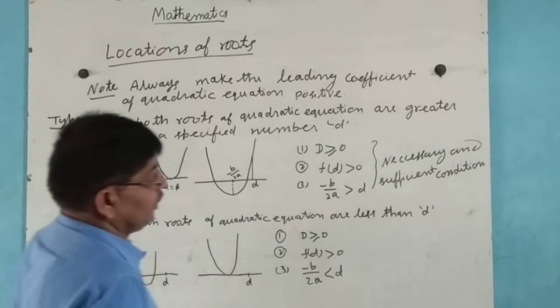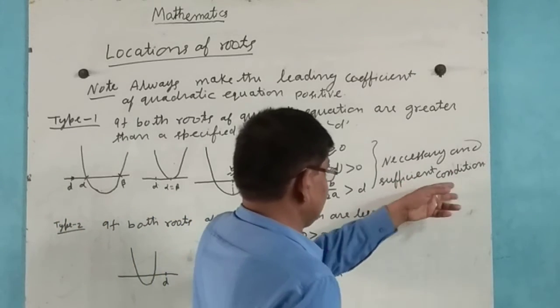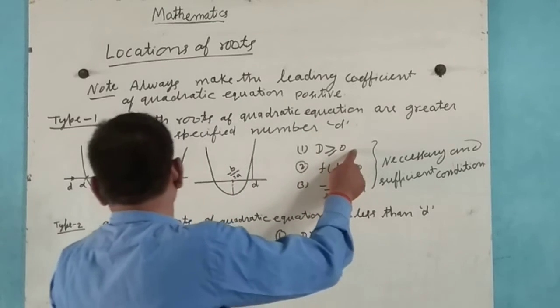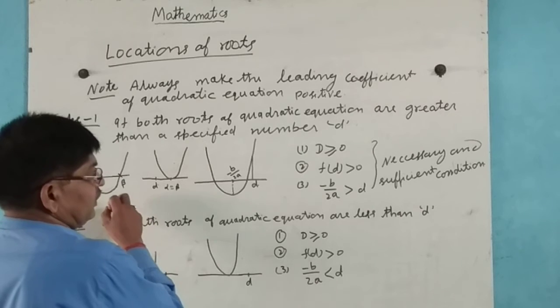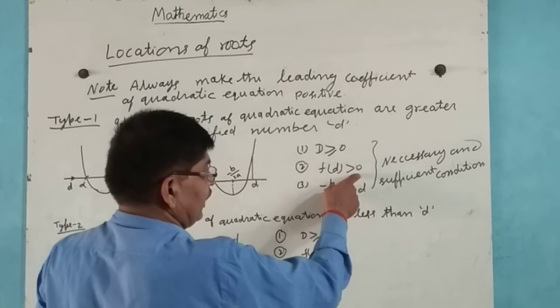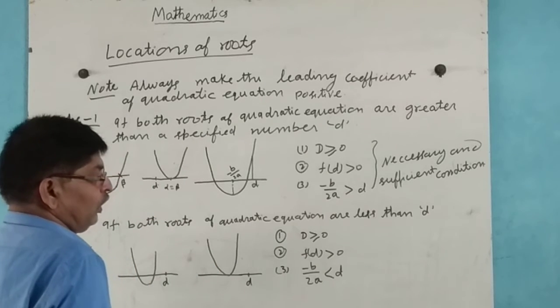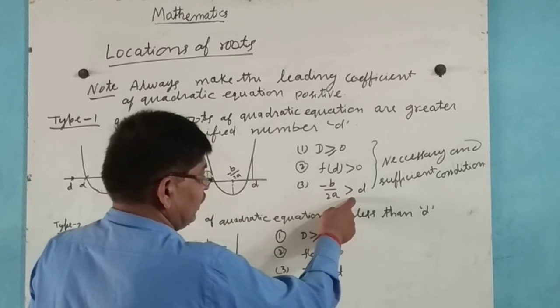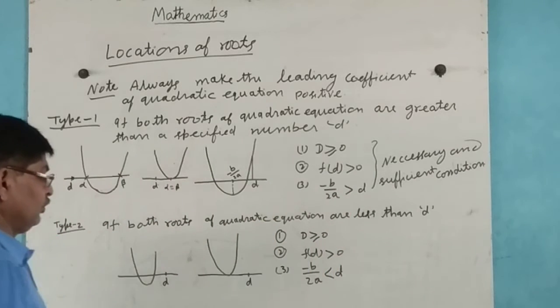In this case the necessary and sufficient conditions are D greater than or equal to 0, f(d) greater than 0, and minus b by 2a greater than d.